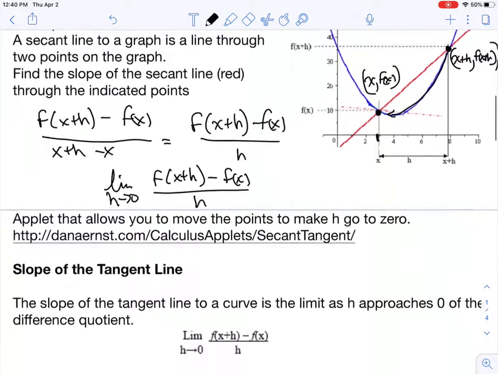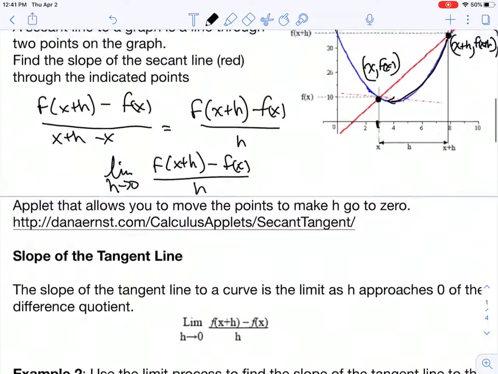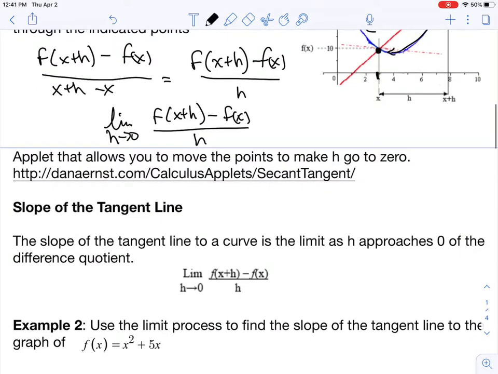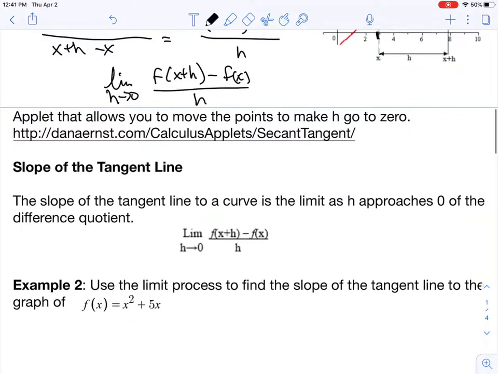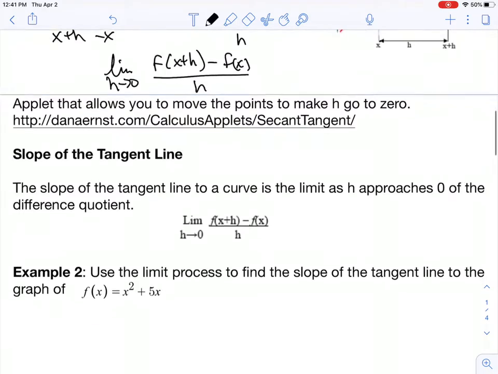There is an address for an applet where you can move the points and look at how you get the tangent line. But there's our equation typed out nicely. The slope of the tangent line to a curve is the limit as h approaches 0 of the difference quotient.